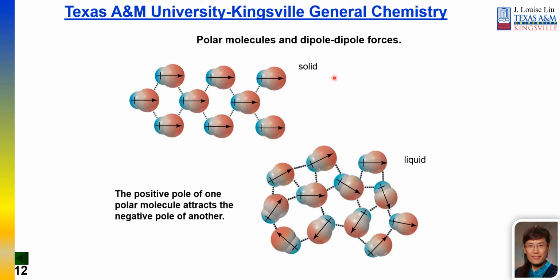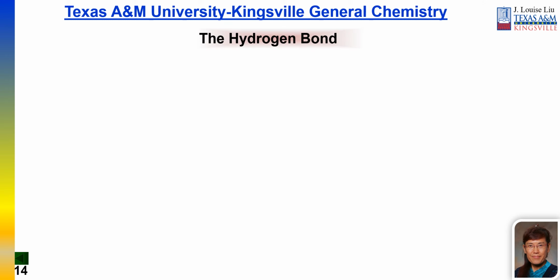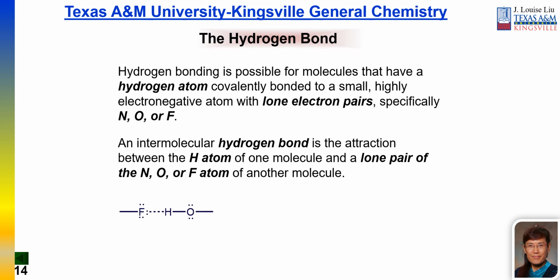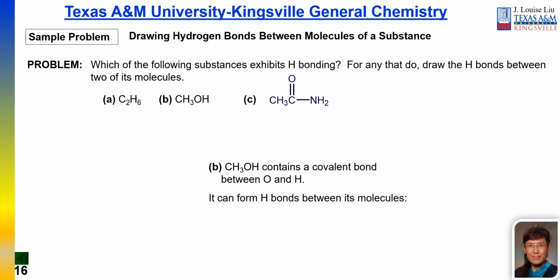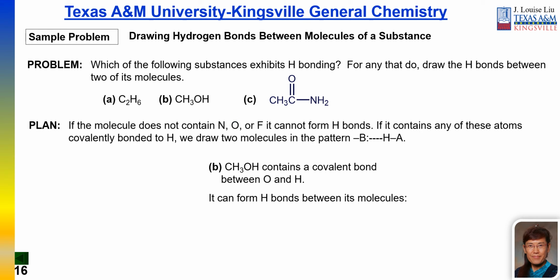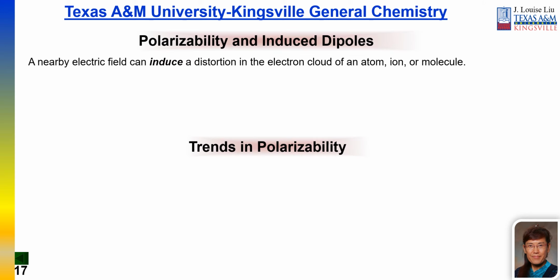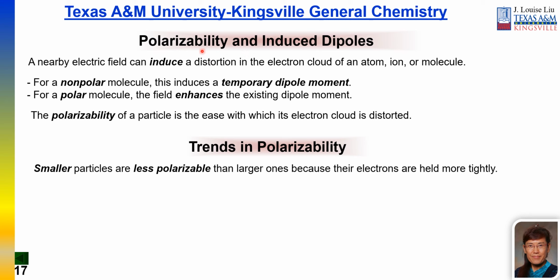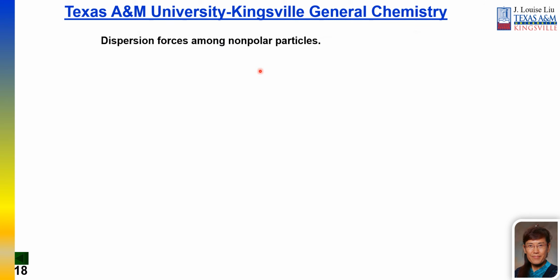And then we are going to study each of the different forces in detail with some examples, such as hydrogen bonds, such as boiling point and melting point influenced by the hydrogen bonds. And then we are going to predict the different properties of those molecules. Then we learn a little more about polarizability and the induced dipole forces.